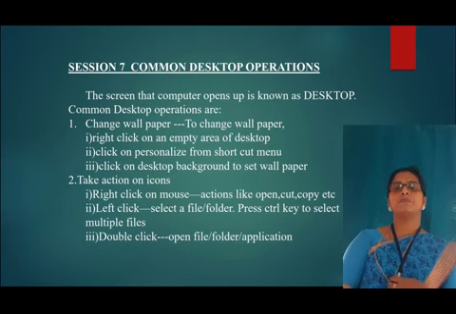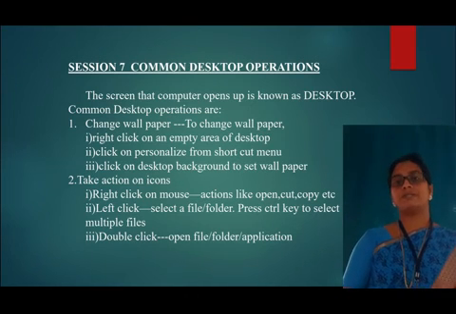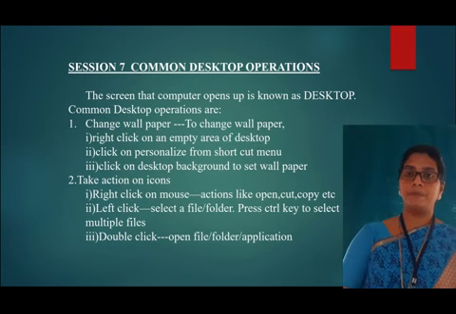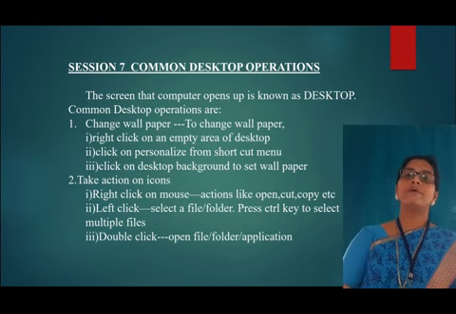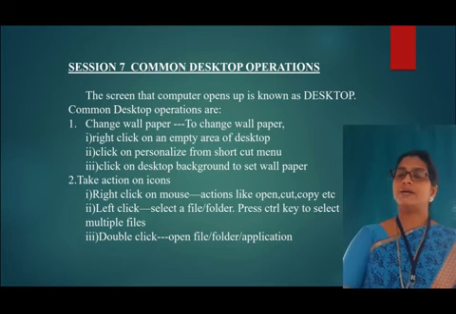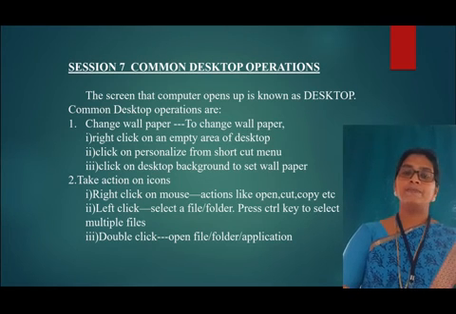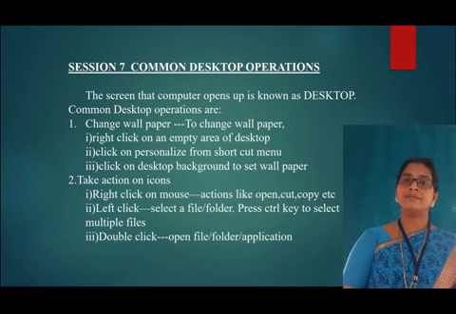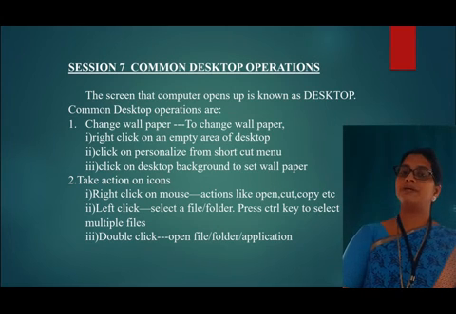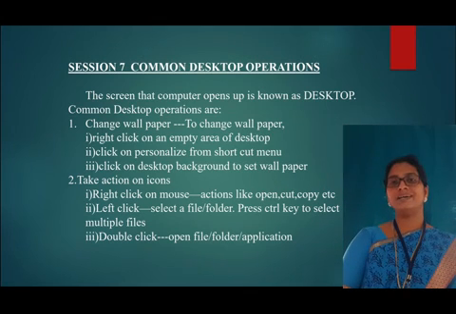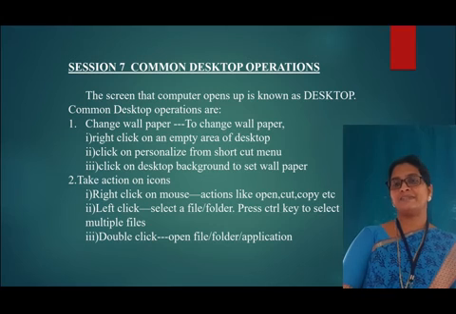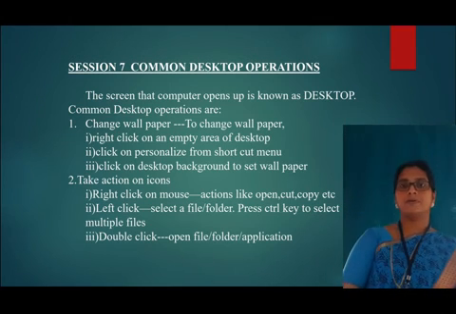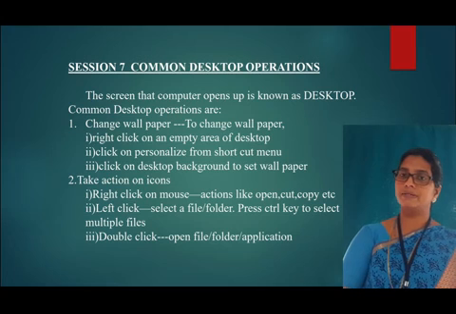Next unit explains common desktop operations. Common desktop operations include setting the wallpaper. How will you set the wallpaper on the desktop? Right click on the empty space, then from the context menu select Personalize, then from there choose the desktop background you like and set it. What is the next thing we can do with desktop actions? You can see many folders as well as files.